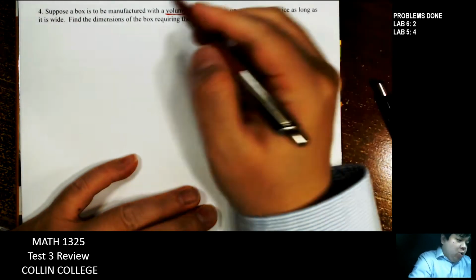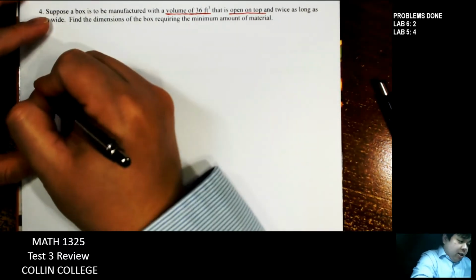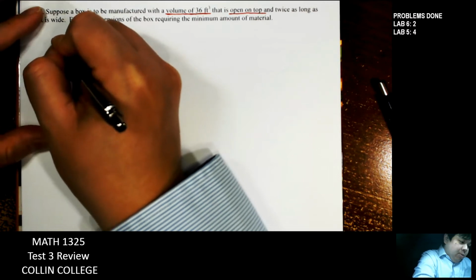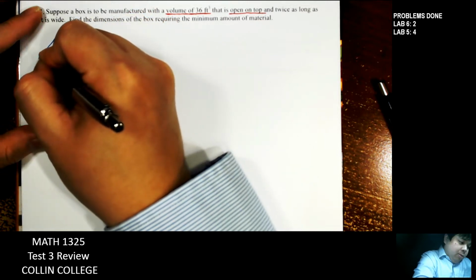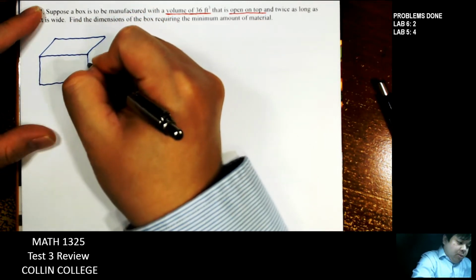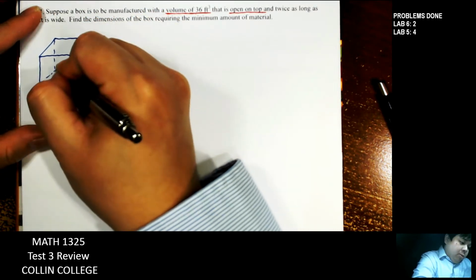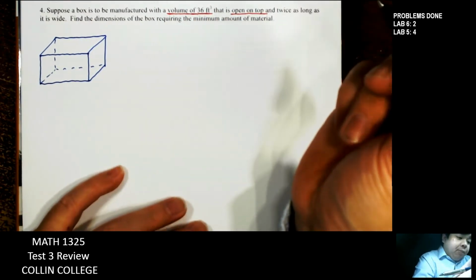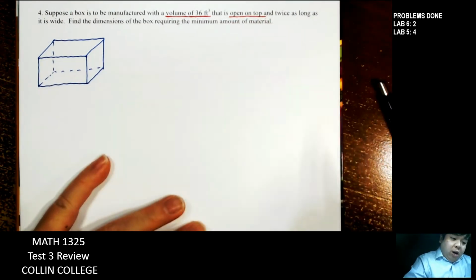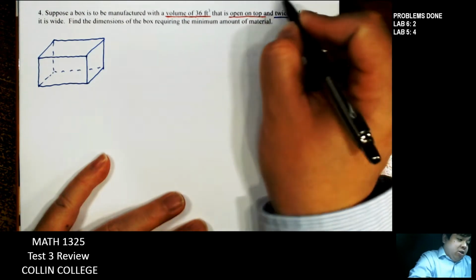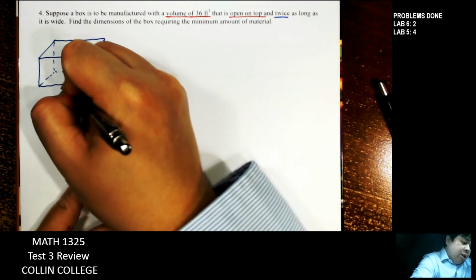Right, so what we have is a box, open top, and the volume is 36 feet.